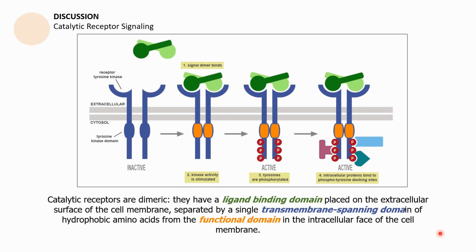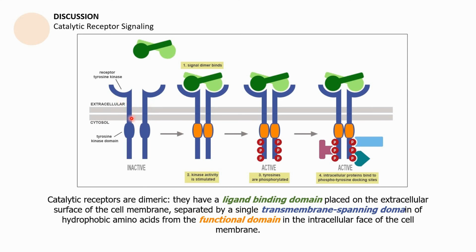So catalytic receptors are dimeric. They have a ligand binding domain placed on the extracellular surface of the cell membrane, separated by a single transmembrane spanning domain of hydrophobic amino acids from the functional domain in the intracellular phase of the cell membrane. So what is this sentence talking about? This right here is the ligand binding domain. Okay, and then the transmembrane is right here.